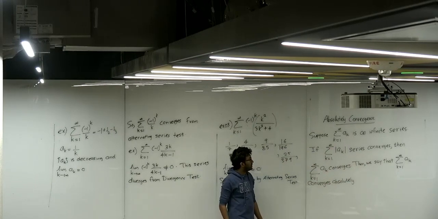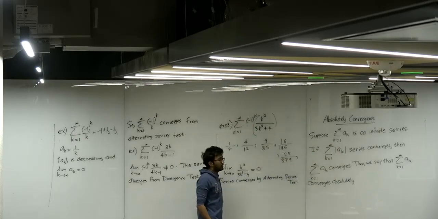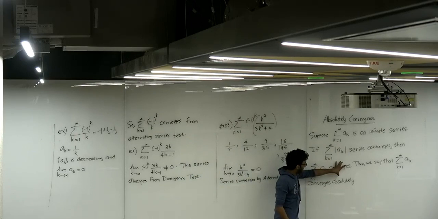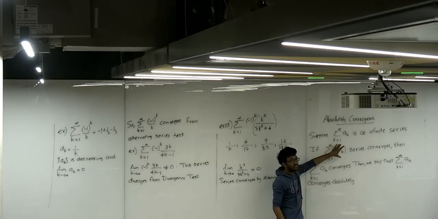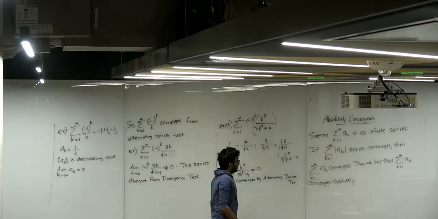So that's why I mentioned that the converse is not true. This is not an if and only if case. That means this statement implies this statement, but this statement does not imply this.